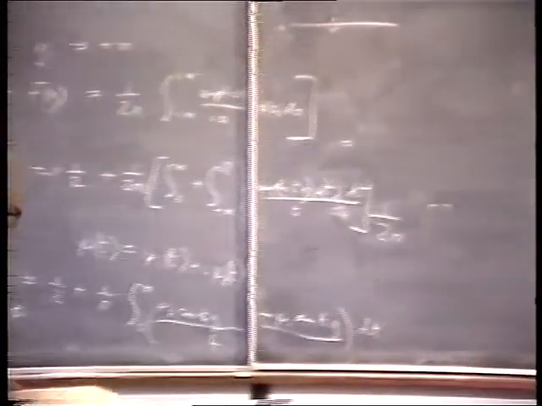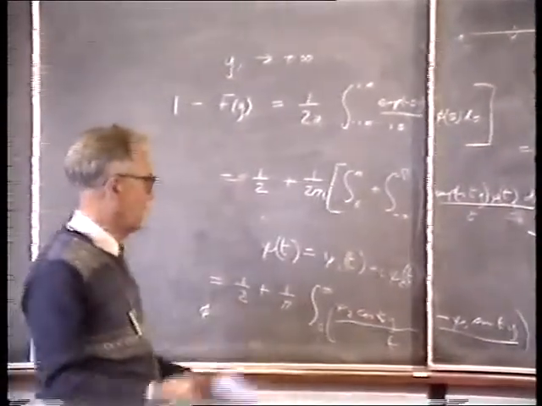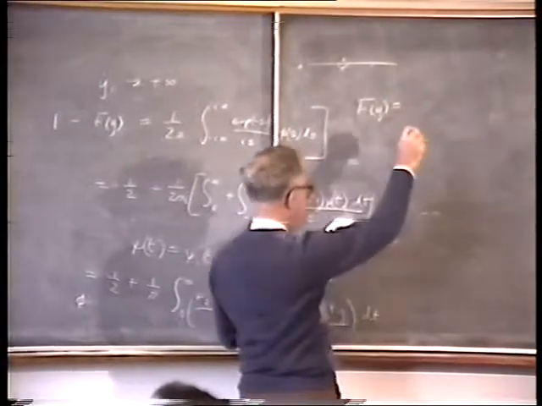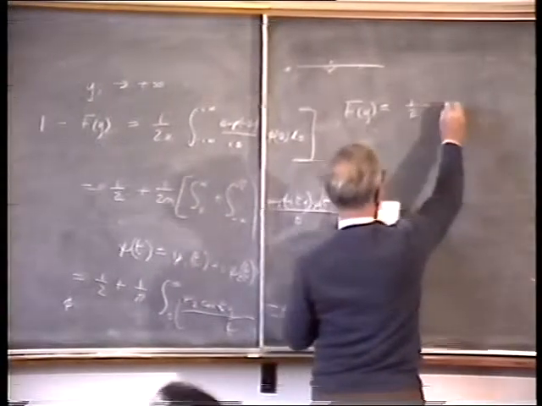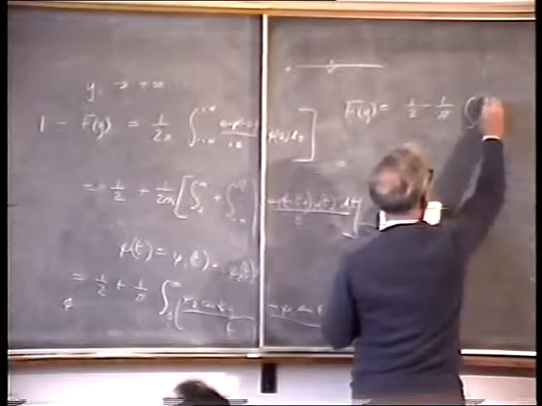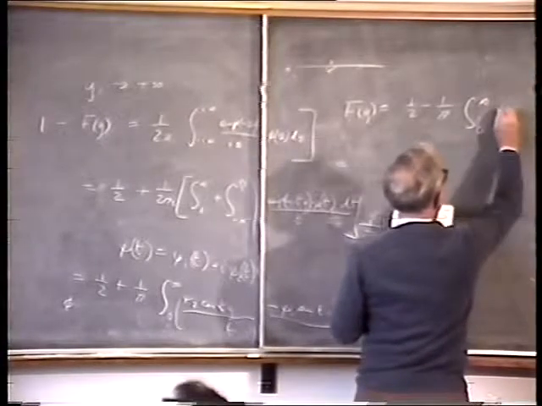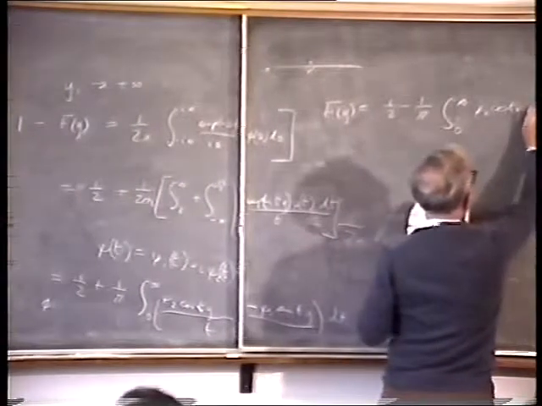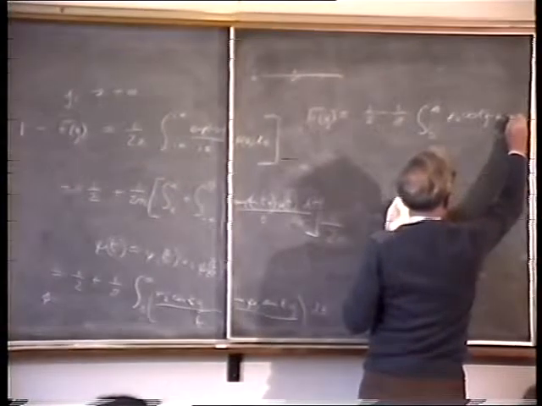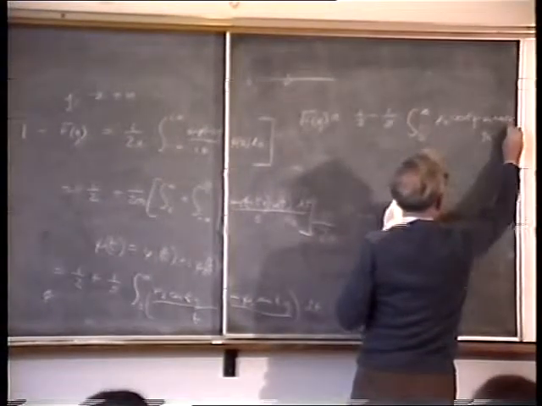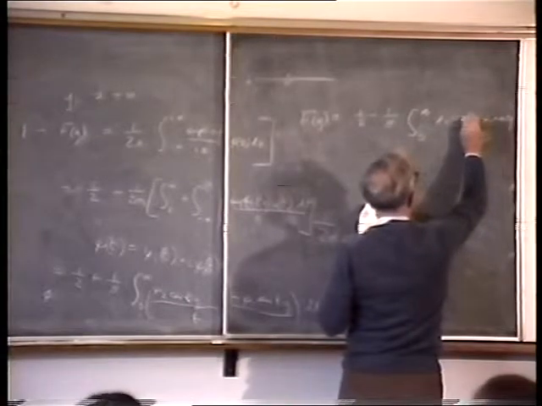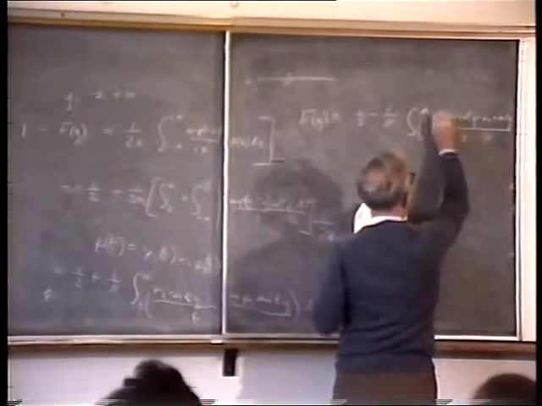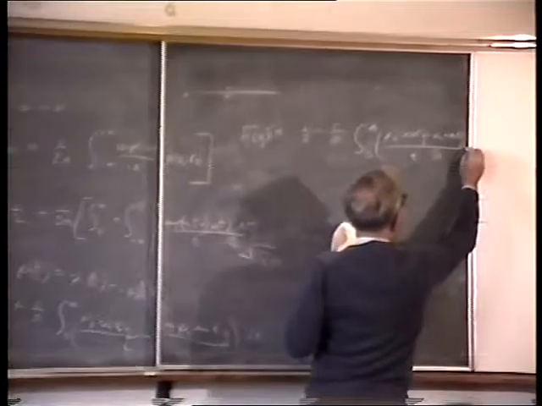You see that we've got 1 minus F(y) equals this, and the conclusion we draw is that F(y) itself, that is the cumulative distribution function, is given by a half minus 1 upon pi, the integral from 0 to infinity of (psi2 cos ty minus psi1 sin ty) upon t dt.